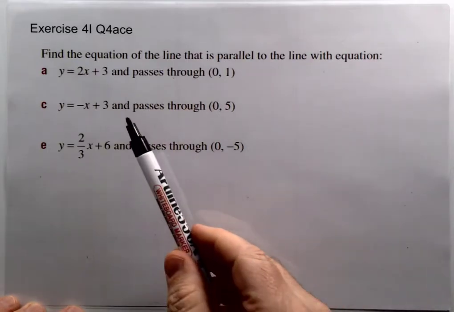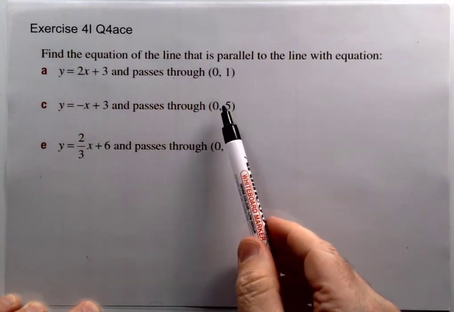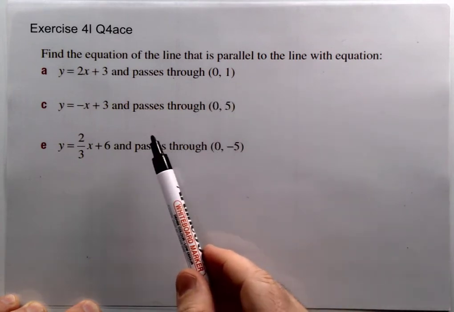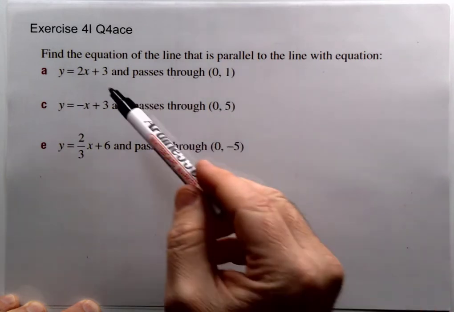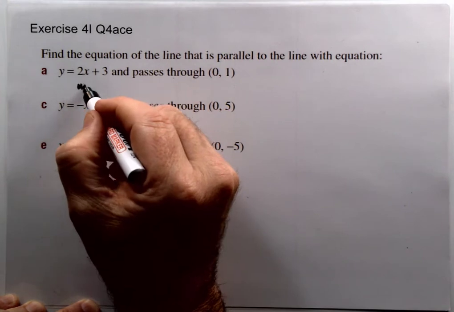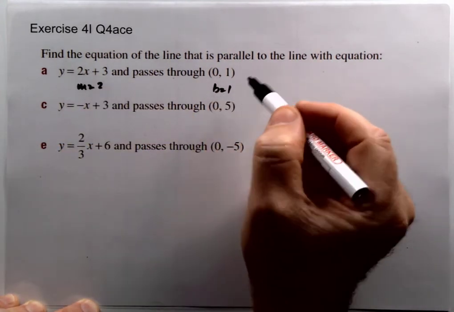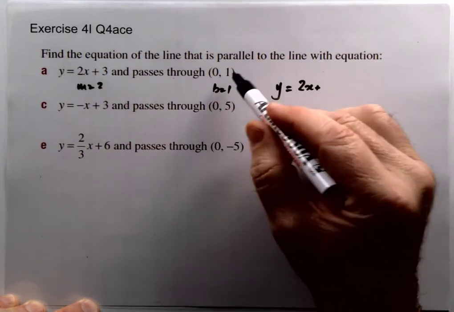Okay, so in each case we're given a line. We're given what's actually a y-intercept in each case, because the x value is 0. Now we need to find the equation of each line through each of these points parallel to each of those. So we just take the gradient from the first line they give us, the y-intercept that they give us, and so the line we want is just going to be y equals 2x plus 1.